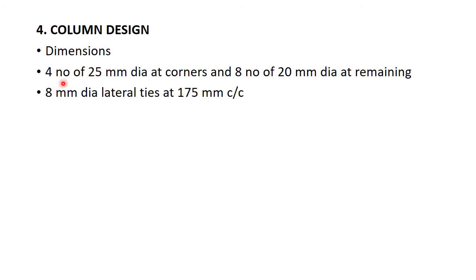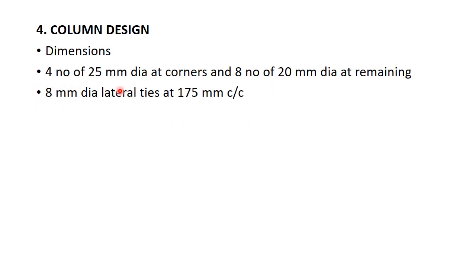From that we calculate 4 numbers of 25 mm diameter bars to be provided at the corners, since it is a rectangle, and 8 numbers of 20 mm diameter bars at the remaining portions. If you calculate the total area of the steel, it should almost match the area of steel you have calculated. Then you have to provide the lateral ties.